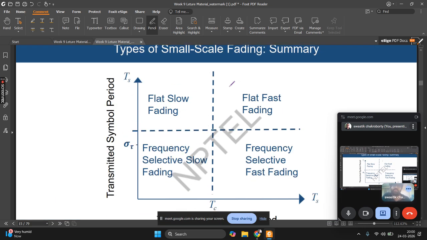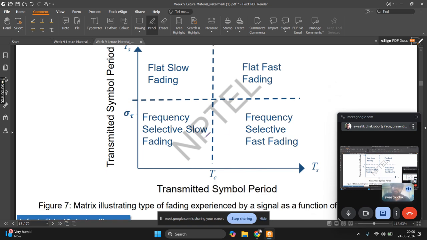This is a memory map to understand fast fading and slow fading. If your symbol duration exceeds the coherence time, you will get fast fading, and if your symbol duration is less than the coherence time, you will get slow fading.